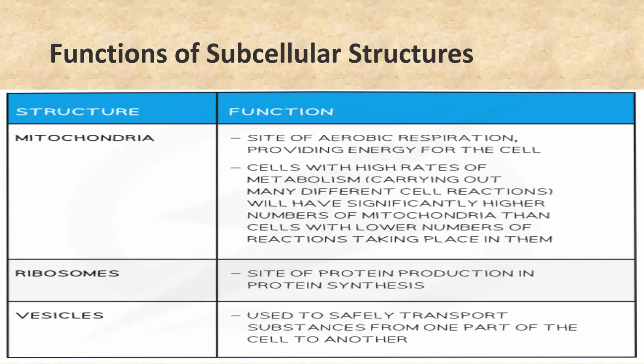So this is the work of vesicles in the cell, to safely transport substances from one part to another. For example, from the nucleus to the mitochondria, but don't take it as real, it is only for example.